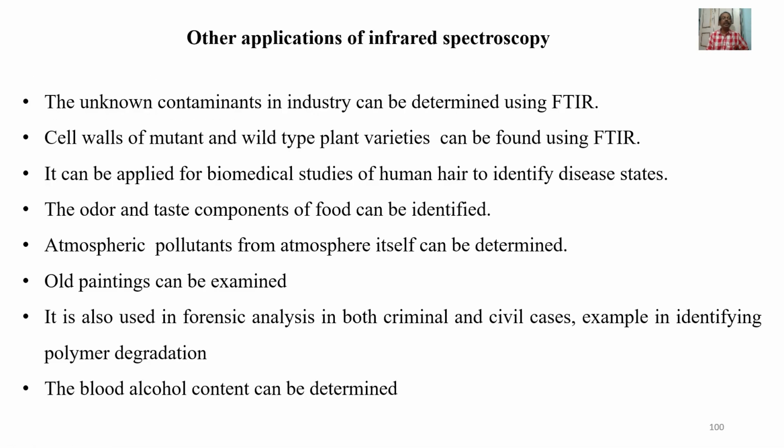Other applications of infrared spectroscopy are as follows. The unknown contaminants in industry can be determined using FTIR. Cell walls of mutant and wild type plant varieties can be studied using FTIR. It can be applied for biomedical studies of human hair to identify disease status.